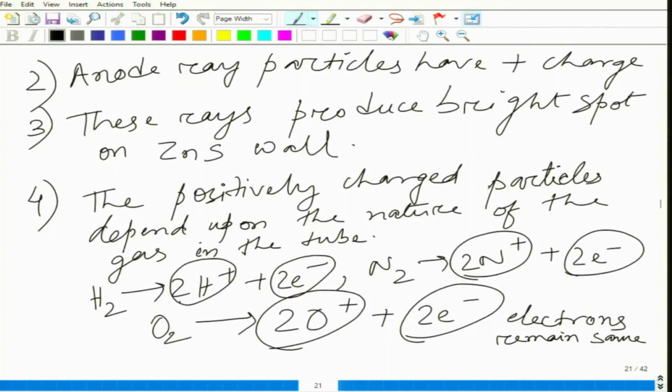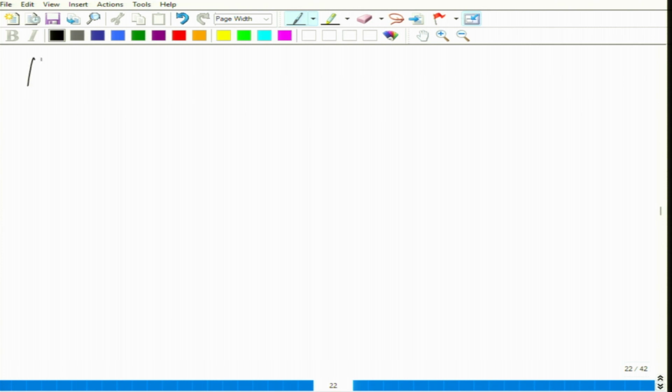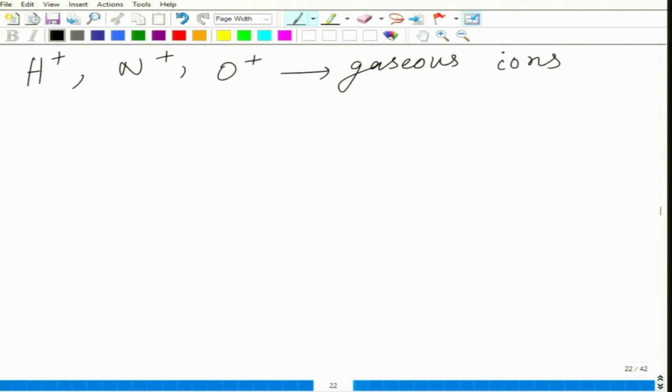So, these ions H plus, N plus, O plus, they were gaseous ions. Okay, they were not positively charged particles. So, their observations were also different.